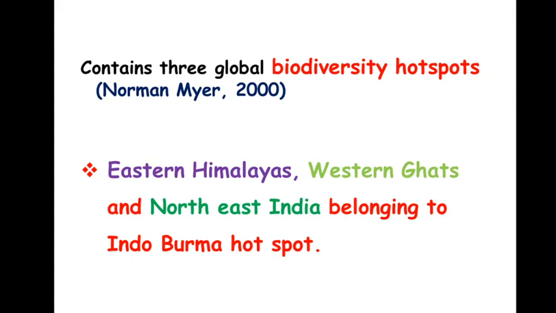Now, what are these biodiversity hotspots? There are two criteria a place has to fulfill in order to qualify as a biodiversity hotspot. Number one, a minimum of 1500 species should be present as endemic species in that area. Endemic species, as I have mentioned earlier, are those species which are confined to a particular area. Say, in the case of Meghalaya, the pitcher plant is confined to Meghalaya only; nowhere else in the world is the Indian pitcher plant found.